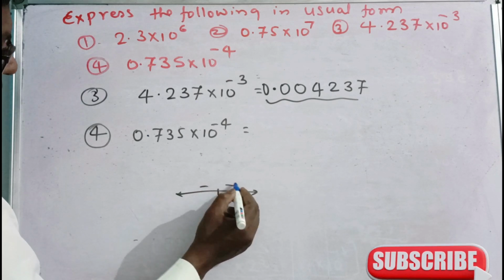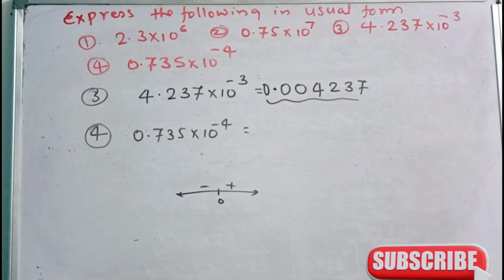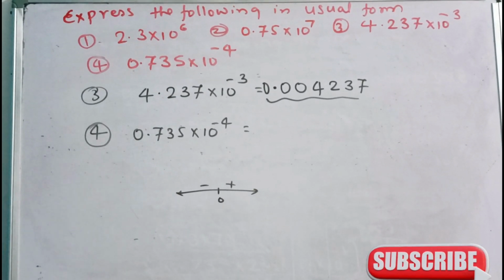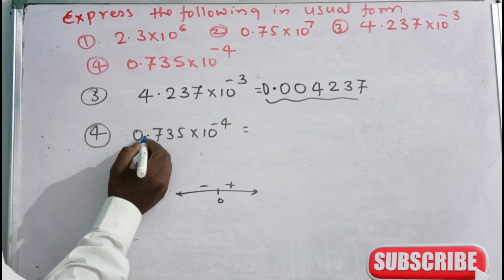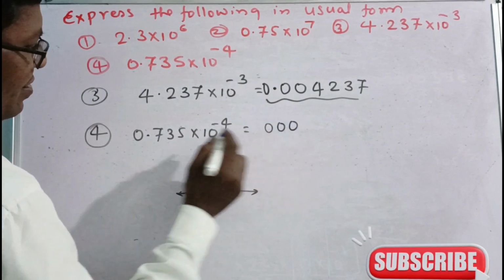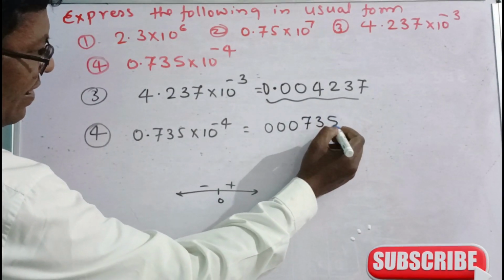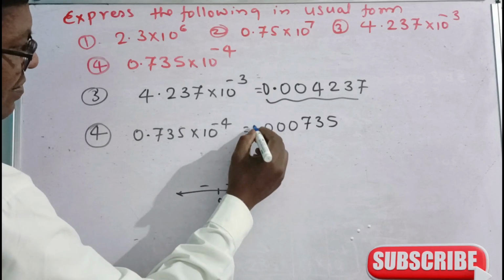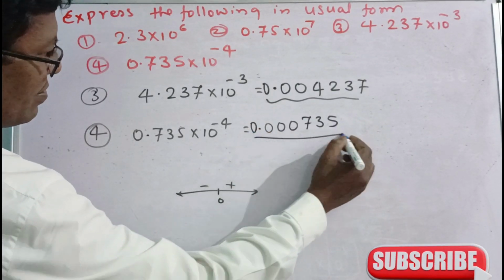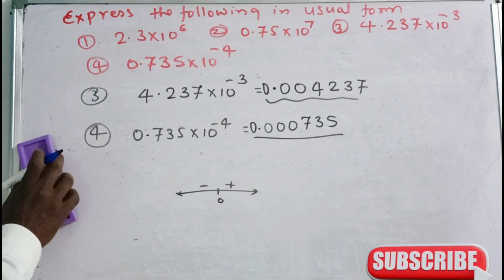This is the minus, this is plus. Now 4 डिजिट यहाँ पर है. 1, 2, 3 and 7, 3, 5. This is the usual form. Now, have you got it?